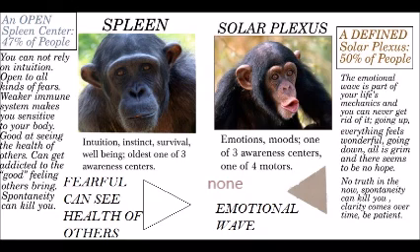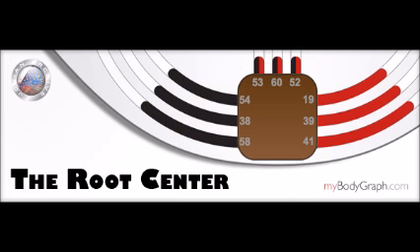You would tend to be more fearful, having a weaker immune system, and you would have an emotional wave. Therefore, in both cases, you really need to avoid spontaneity, need to be in your own aura to feel and listen to your intuition, but not being able to really rely on it as well as someone with a defined spleen. The root center finally has 9 gates.